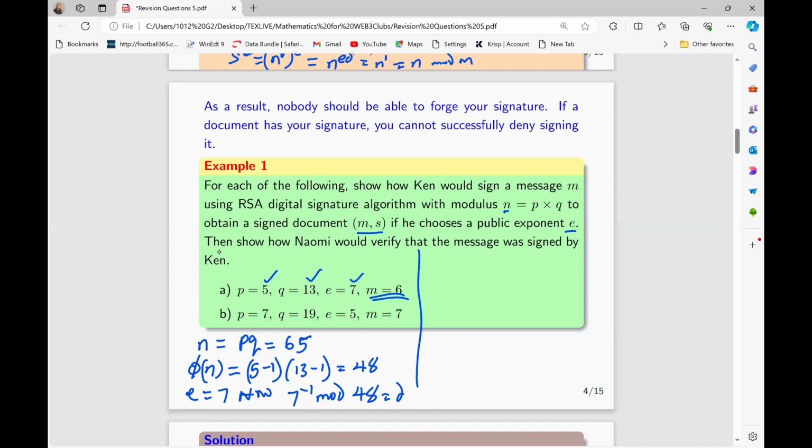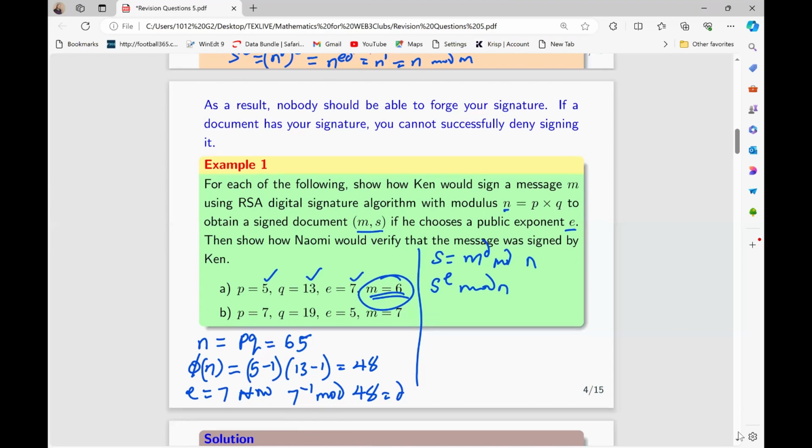To sign, take your message M and raise it to D. And to verify, you're taking S and raising it to E. And all this, you are doing mod N. So those are the steps you want to go through.